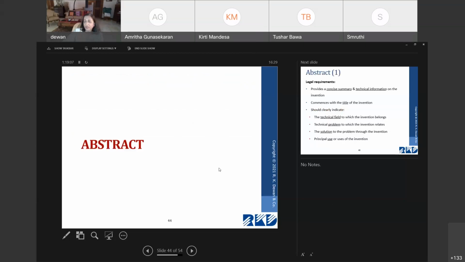Now, this is also something some people are asking about: objects and technical advancement look similar. Yes, they are similar. As I already said, some part of them will already be included in the objects. However, after describing the whole invention, we are now reiterating that this is the technical advancement, or economic significance. There, we are only writing an object statement with the advantage.